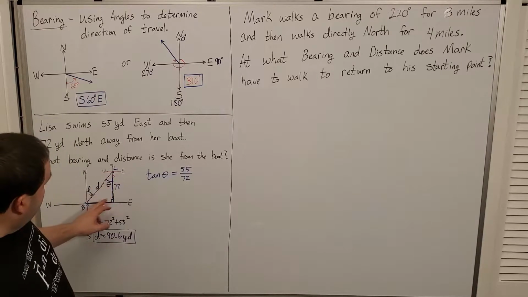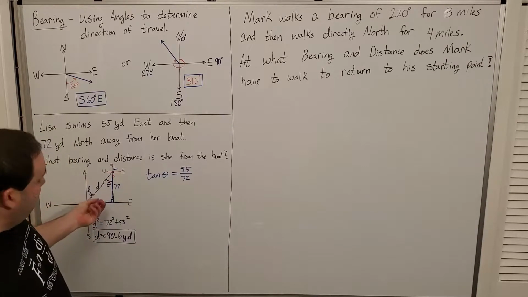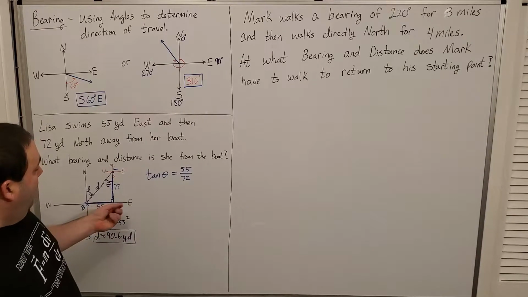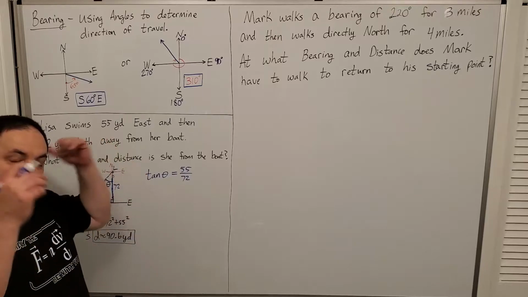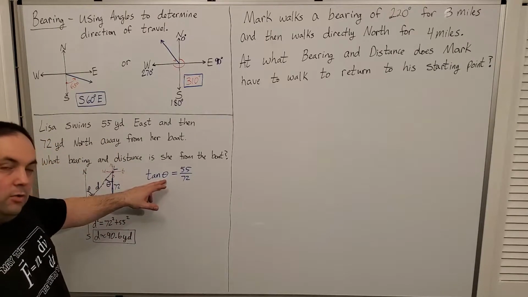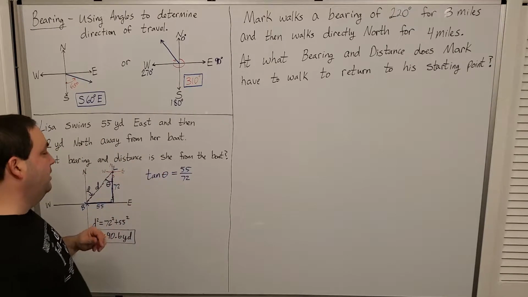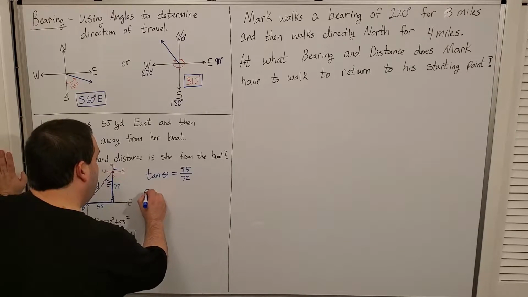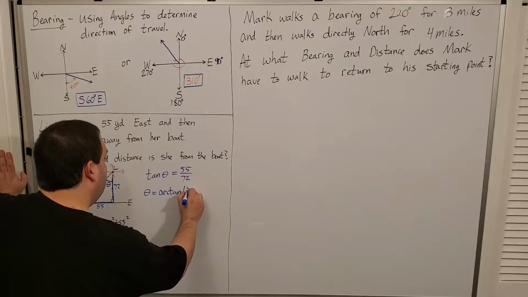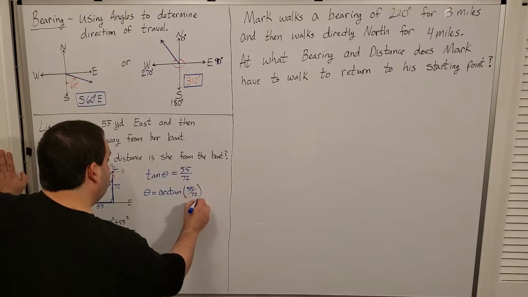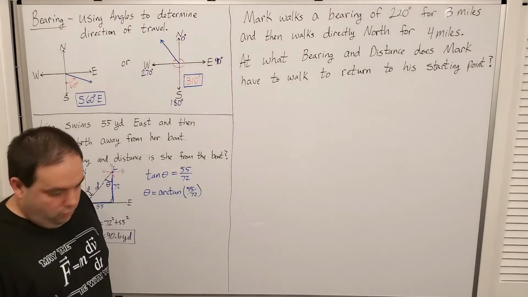Now, since this is an acute angle, I'm staying inside of the right triangle here. I can just use my inverse tangent, right? That was last section. Remember, we have to find angles by using the arc or the inverse tangent. So right here, my theta is going to be equal to arc tangent of 55 over 72. Let's go ahead and crunch that up.